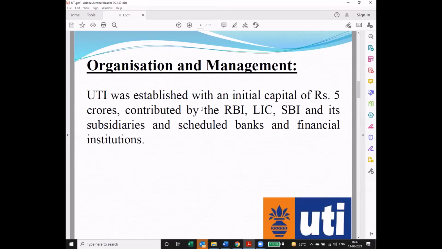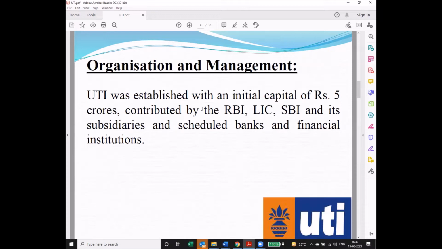UTI was established with an initial capital outlay of 5 crores contributed by Reserve Bank of India, Life Insurance Corporation of India, State Bank of India, and the subsidiaries of State Bank of India, and scheduled banks and financial institutions. This tells us very clearly that UTI is basically covered through its capital by RBI, LIC, SBI, SBI subsidiaries.